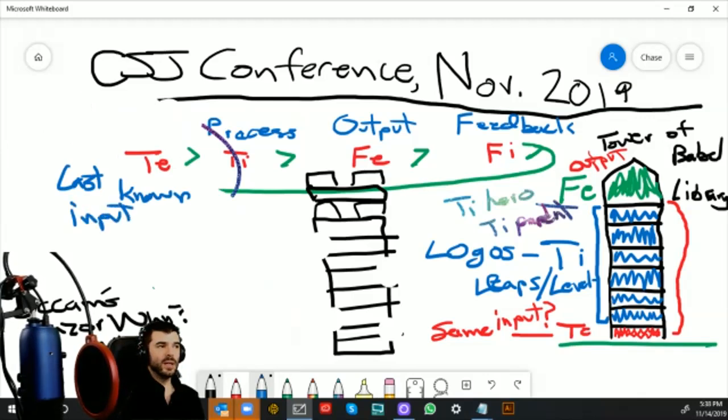And this is really frustrating. This is especially frustrating to TE users when it comes to arguing with the TI user or having a relationship with the TI user, because the last known input basically becomes the source of truth, the source from which the logic or the decision making has been made. It is the foundation.